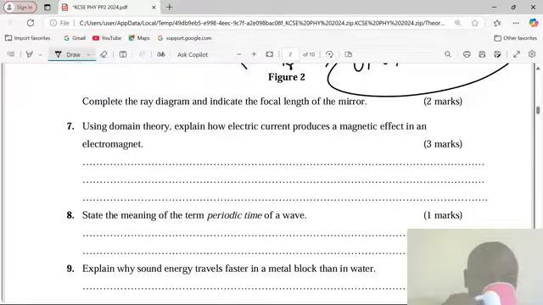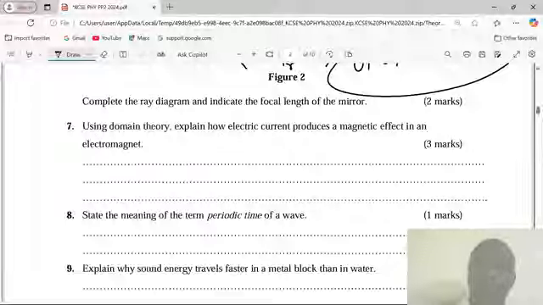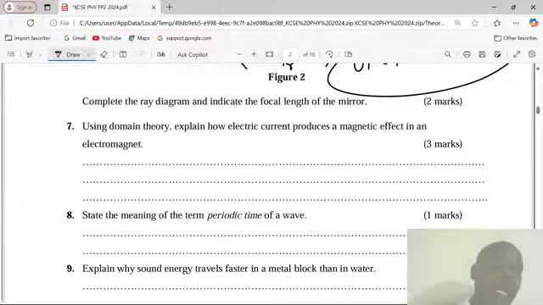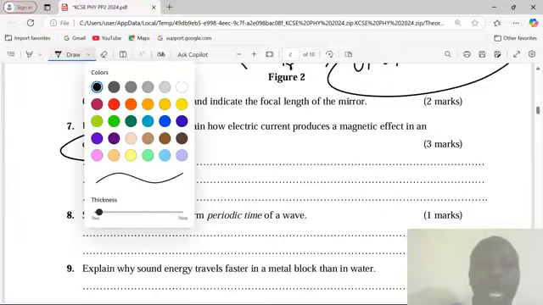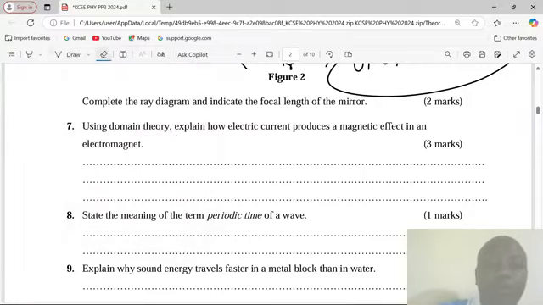When they are misaligned, there is no general magnetism there. Therefore, we can say that the passing of the current produces a magnetic effect which aligns the domains in the conductor, and hence it becomes magnetized, and such a magnet produced by an electric current will be called an electromagnet.